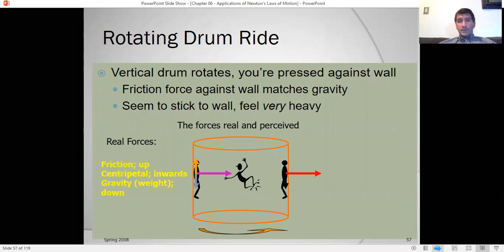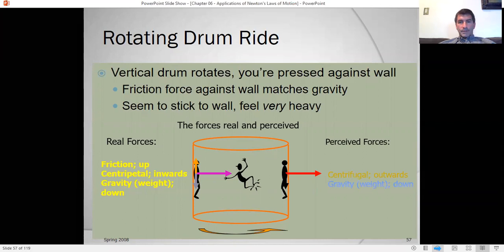We feel like we're being pulled to the outside, but that's not actually the case. It's really our inertia that wants to keep us going in a straight path, but the normal force from the sides of the wall push us inward. That's the action. The reaction is that we push back on the wall, and that's what we feel as this fictitious centrifugal force. It doesn't really exist, but it feels like it exists.